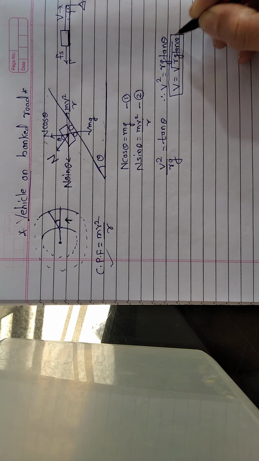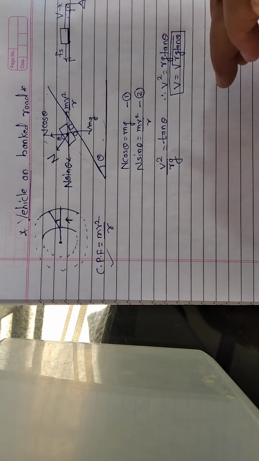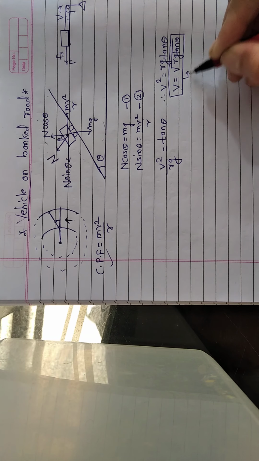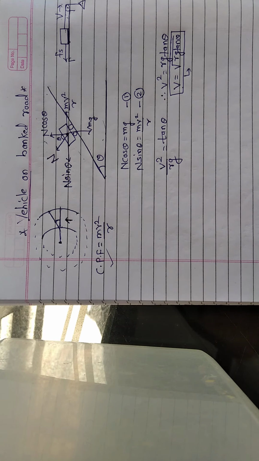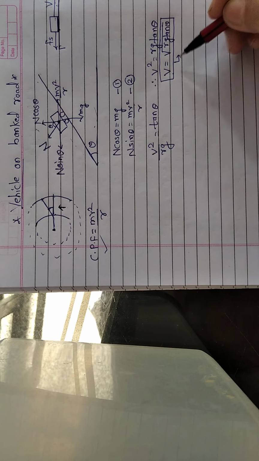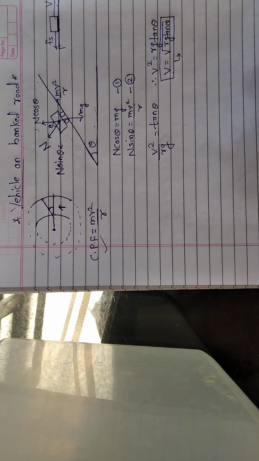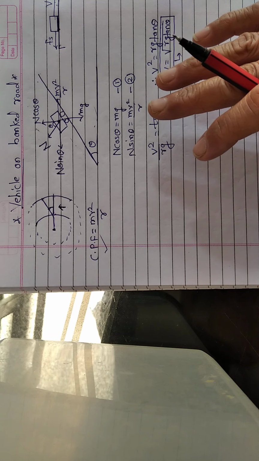So this is the expression for the most safe speed along the curved banked road. But it is not possible that every vehicle will move with this speed only. Some vehicles are moving with the minimum speed, some vehicles are moving with the maximum speed.